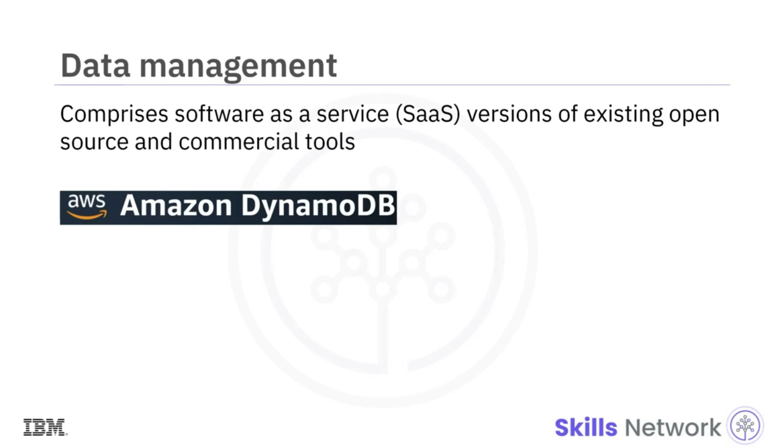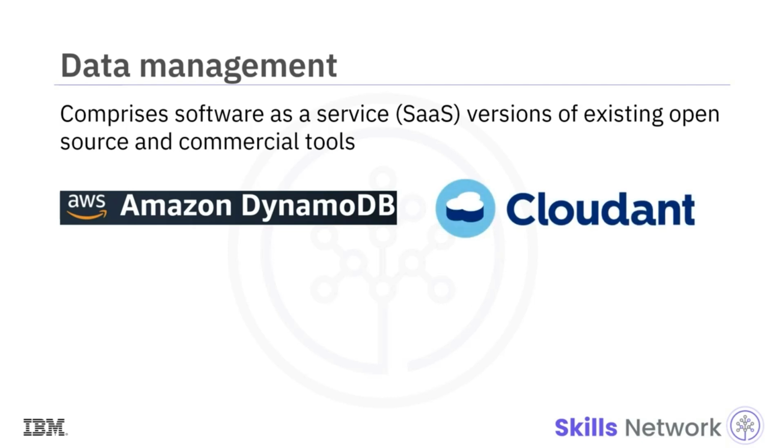Now, another flavor of such service is Cloudant, which is a database as a service offering, but in the background, it is based on the open source Apache CouchDB. The advantage is that complex operational tasks like updating, backup, restoring, and scaling are done by the cloud provider. However, the Cloudant service offering is compatible with CouchDB.